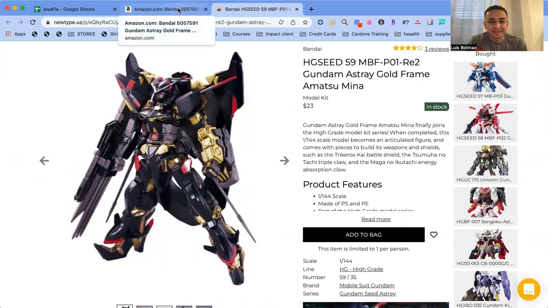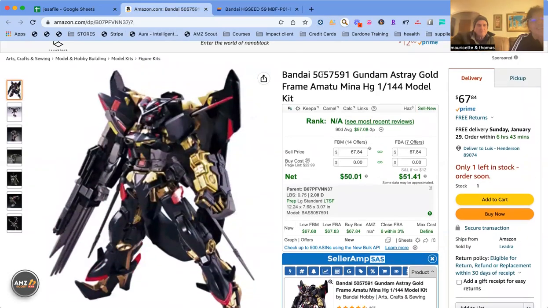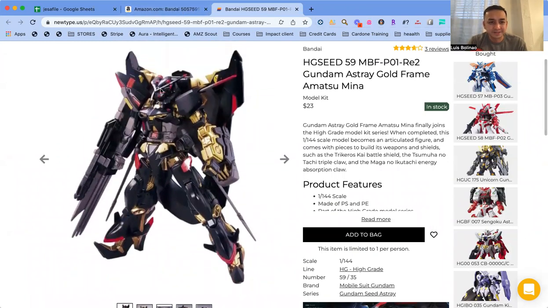So I just hate the details, honestly, but look at the photos. All right. 5057591. Oh man, it's the same. Photo seems the same, right? Yeah.